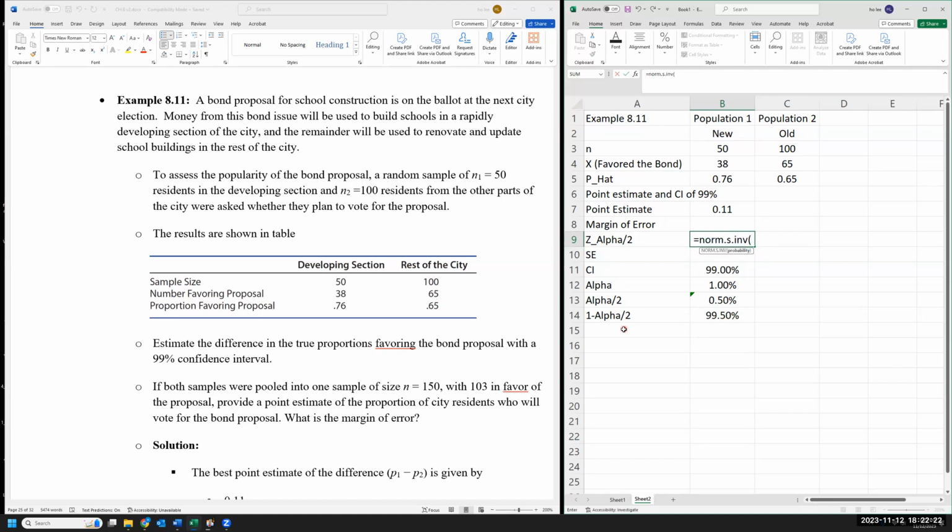That gets us the number. Put in this cumulative probability of 99.5% from left to right. And this is what the number is. Okay. Again, we calculated this in the previous example.